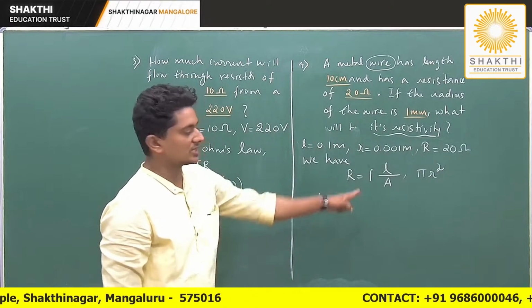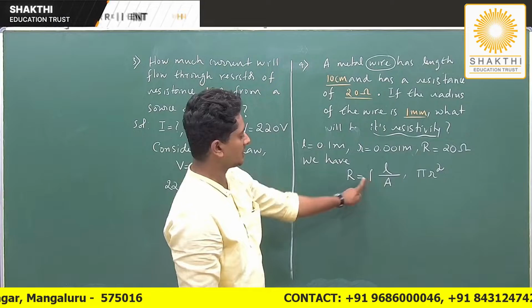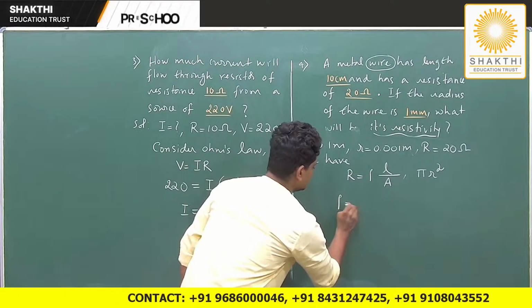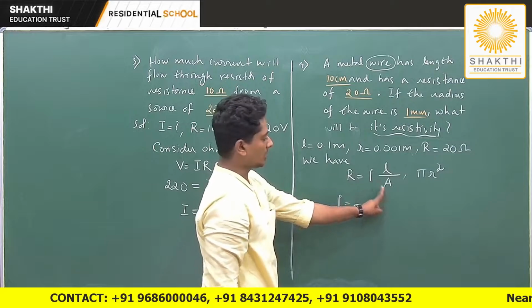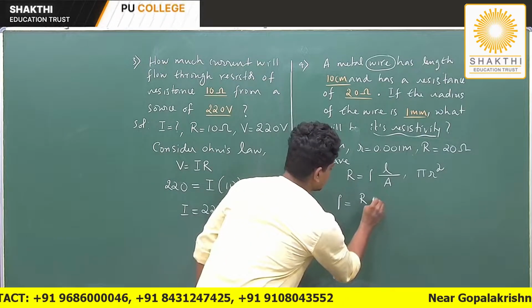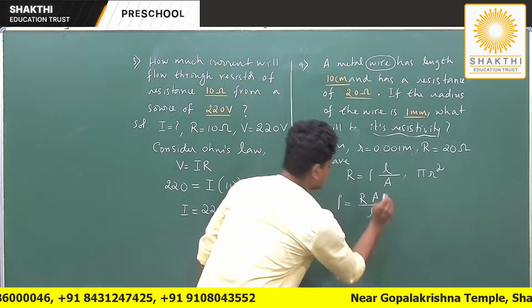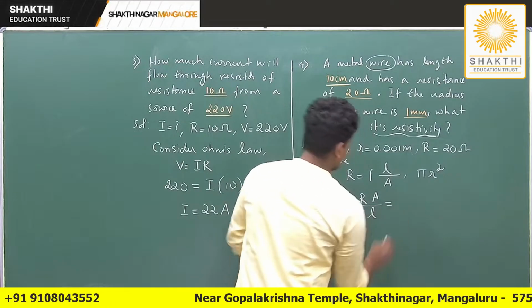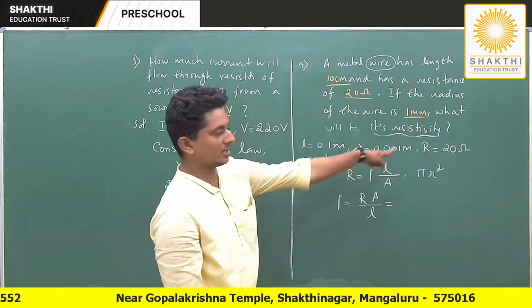Okay. So let us simplify. I have to find resistivity. So I will rearrange this equation. So resistivity rho will become R into A by L. R into A by L. Now what I do is I will substitute.